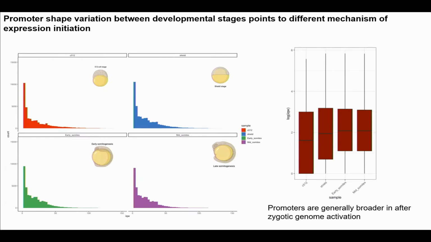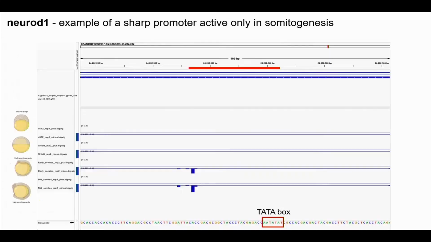And what we can see is basically that the maternal promoters are in general sharper than those in zygotic stages, which is something we would expect from the results we already had so far.